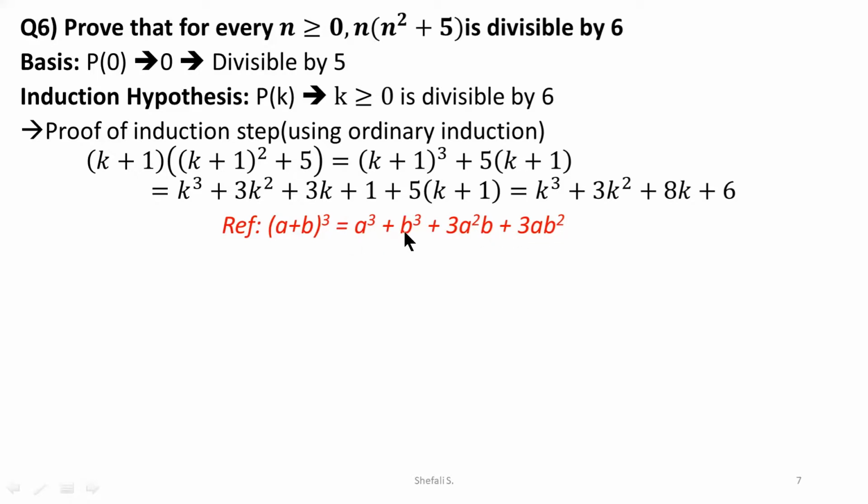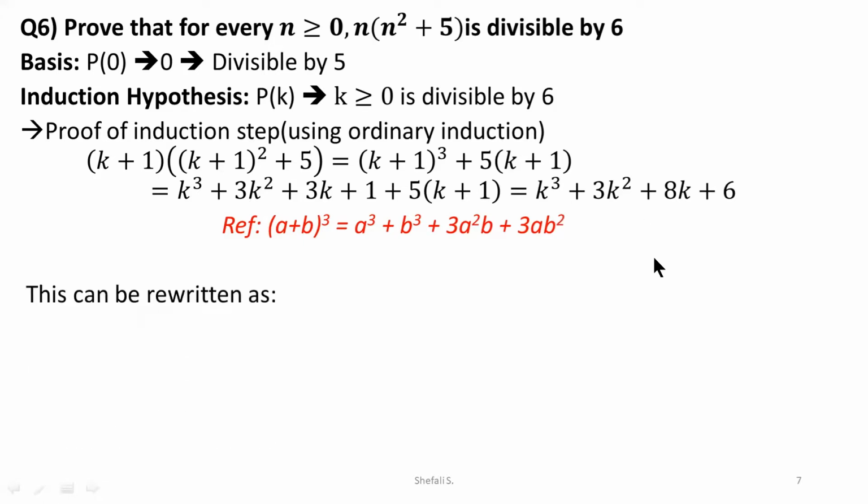In our case, a is k and b is 1. So adopting the cube equation, we can have the expansion of the bracket, plus the remaining term 5 times k plus 1. Rearranging the terms, it is equal to k cube plus 3k square plus 8k plus 6.